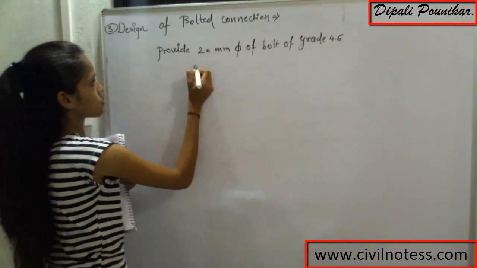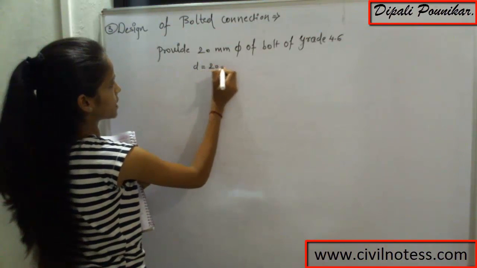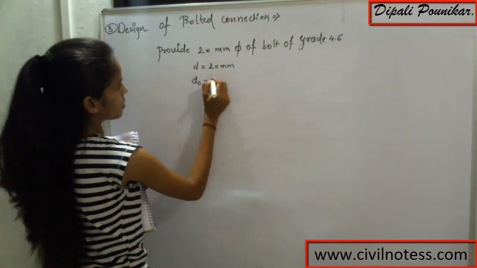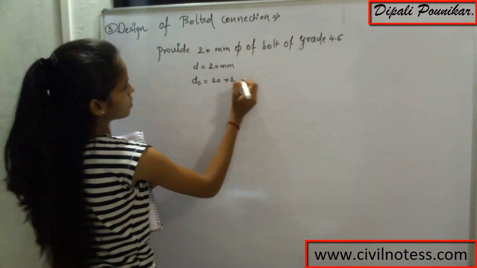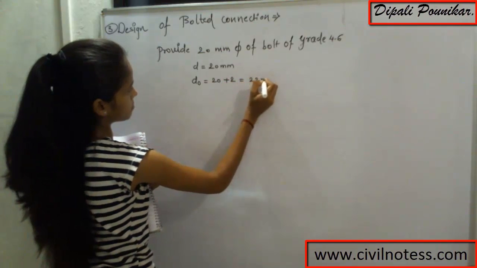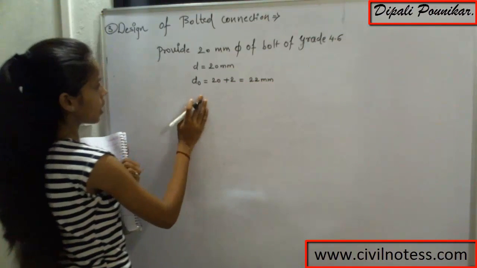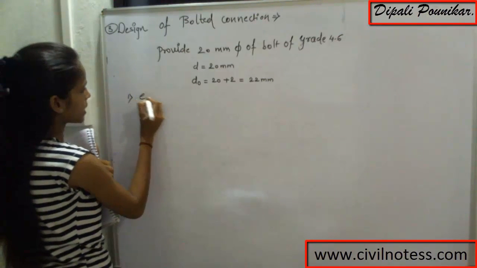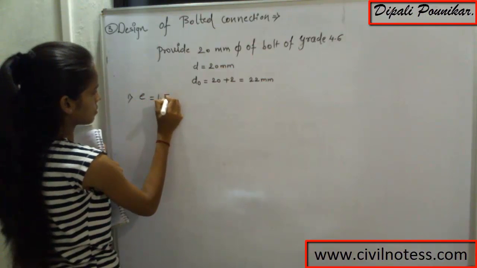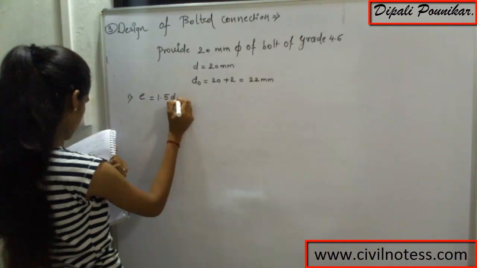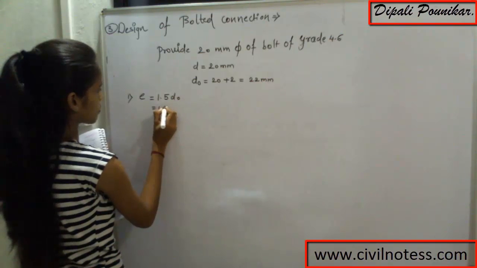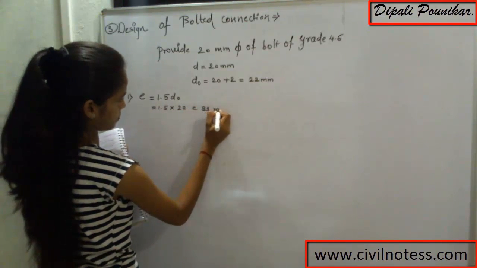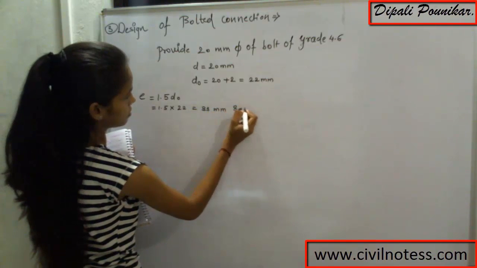So the diameter is 20 mm and the nominal diameter D0 is 20 plus 2, that is 22 mm. After that, we calculate the edge distance, given by the formula 1.5 D0, that is 1.5 into 22, that is 33 mm. Say it as 40.